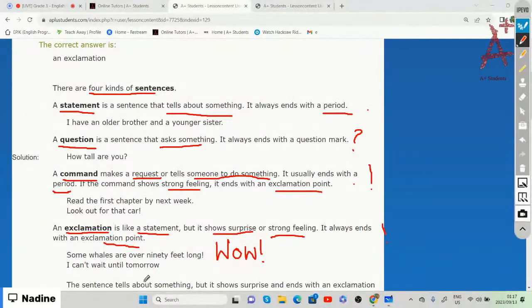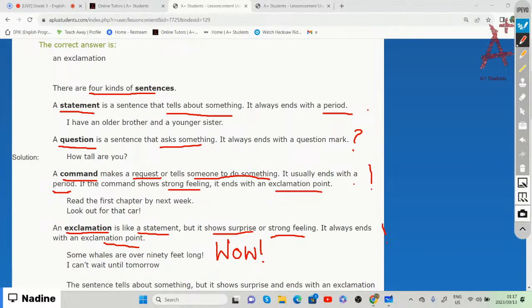You are surprised because maybe you didn't know the whale was that big. Yes, I knew the whale is big, but it's over 90 feet long! So that shows total surprise.